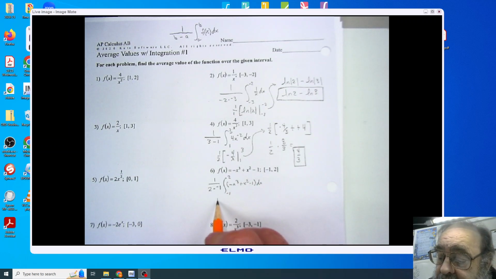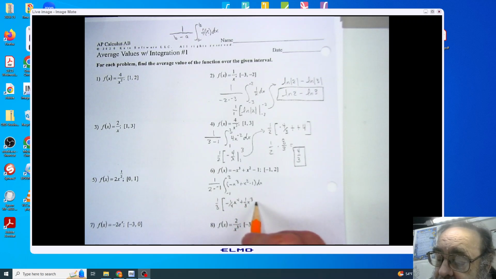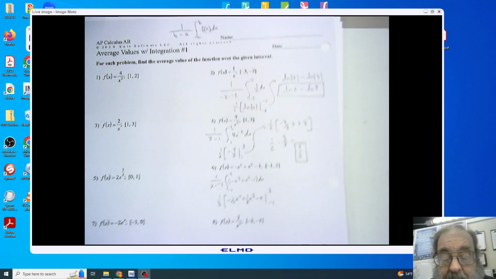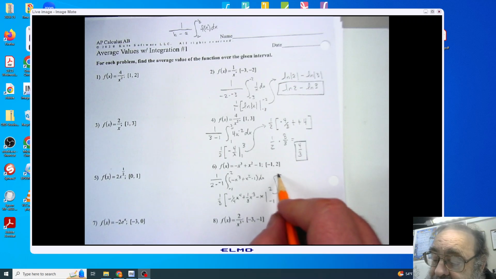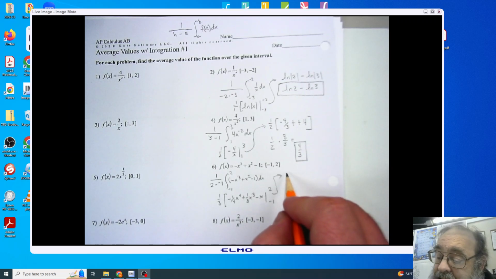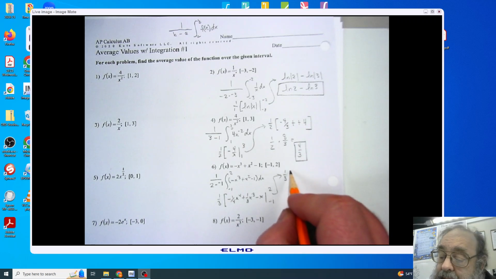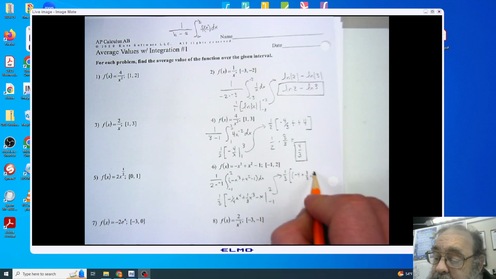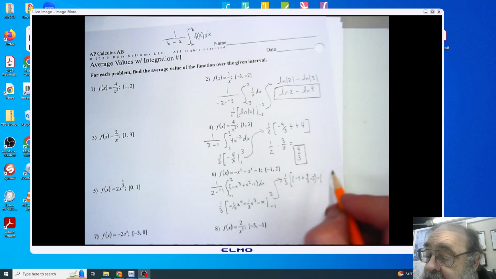So we have 1/3 of, we have negative 1/4 x to the 4th plus 1/3 x cubed minus x from negative 1 to 2. We're now going to plug in our information, so let me just put that right up here. We still have that 1/3 out in front. And we're now going to have negative 4 plus 8/3 minus 2 minus negative 1/4.